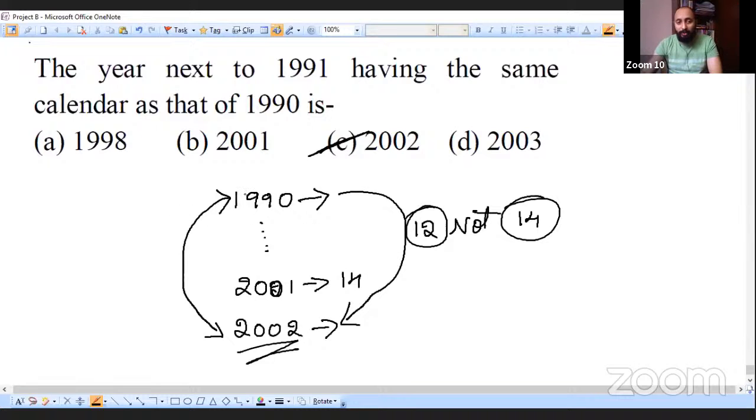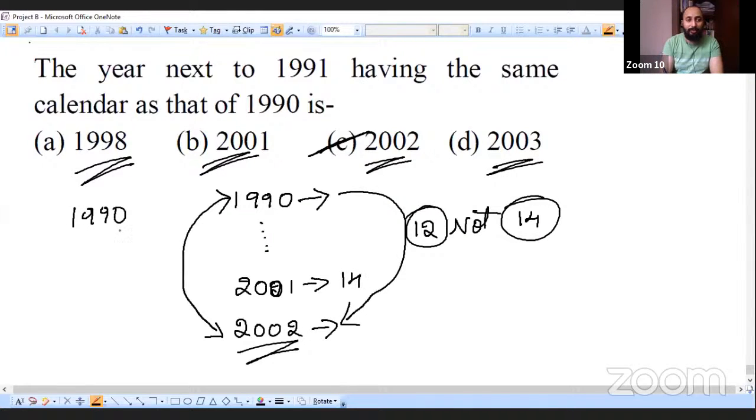In the given options, 1997 would be the right answer, but that option is not there. 1990 plus 7, so that is 6 we will be adding. 1997 would have got the same calendar, but that is not in the options.